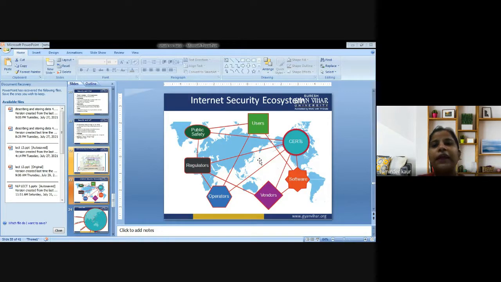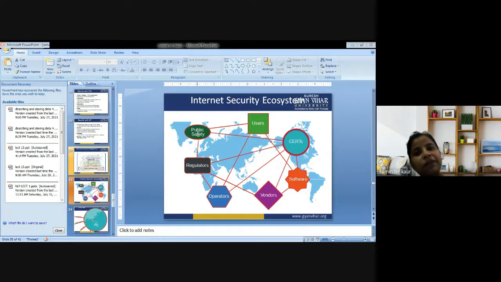So this is the internet ecosystem in which we are dealing with various entities. Users are there, public safety is there, rules and regulators are there, various operators are there. The user has links with public safety, operators, and software.